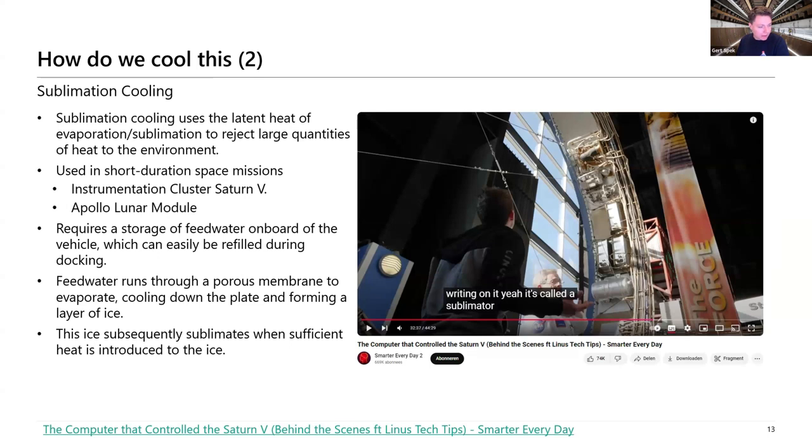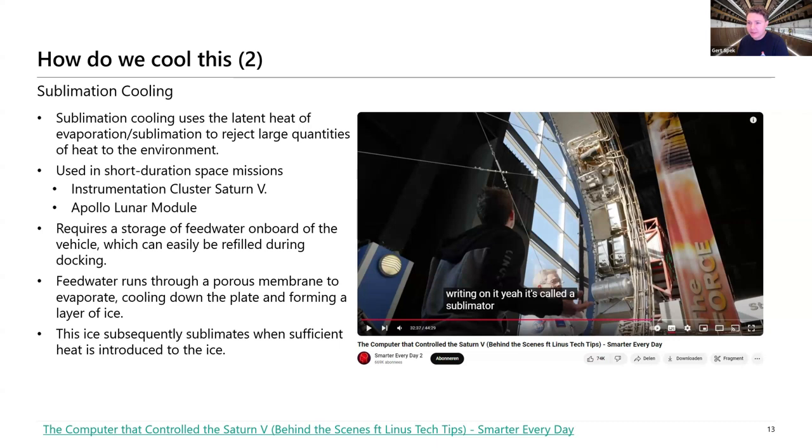So back in 2019, I was watching a YouTube video from Smarter Every Day, and I guess I became a bit smarter that day. And it's about the Saturn V and specifically the instrument cluster of the Saturn V. There they mention that in space applications, they use sublimators.